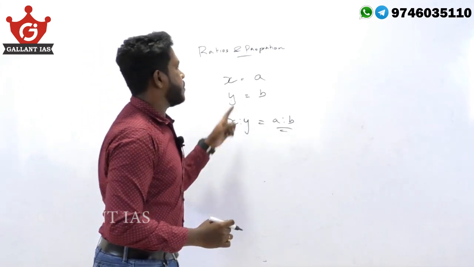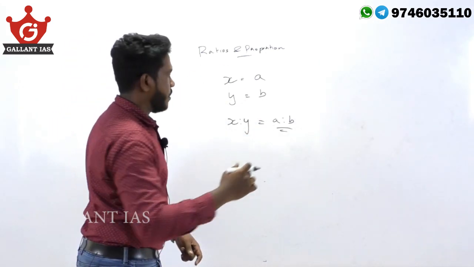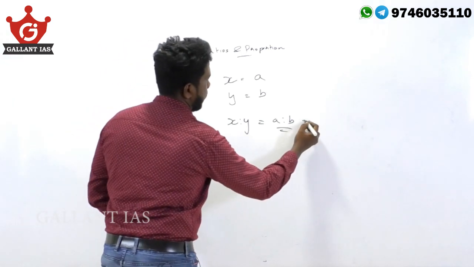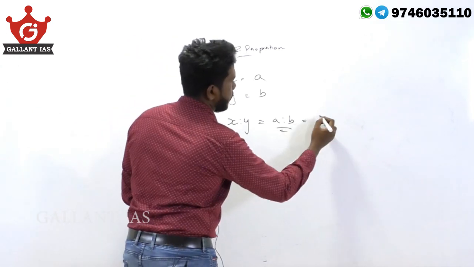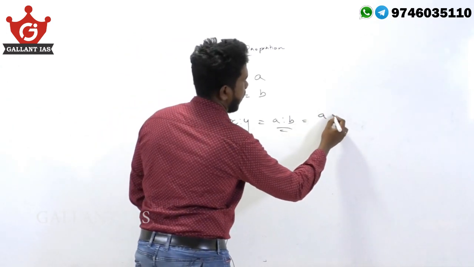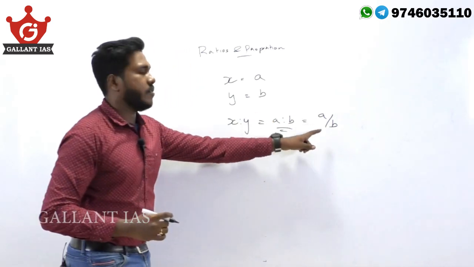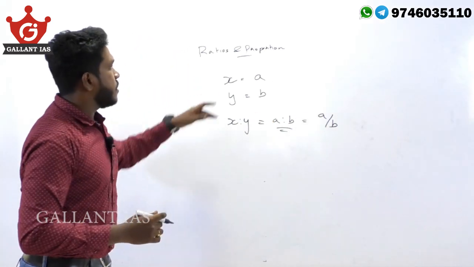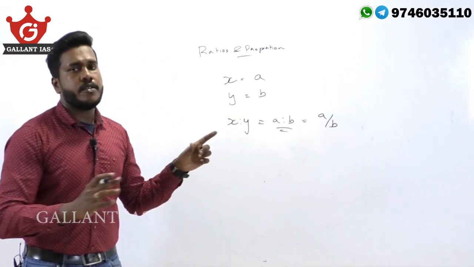The relationship between x and y is denoted by the ratio a is to b. Ratios can also be written in fractional form, that is, a is to b can be written as a by b also. Keep this in your mind. That's the basic concept of ratio.